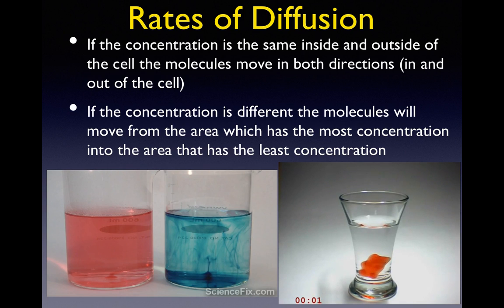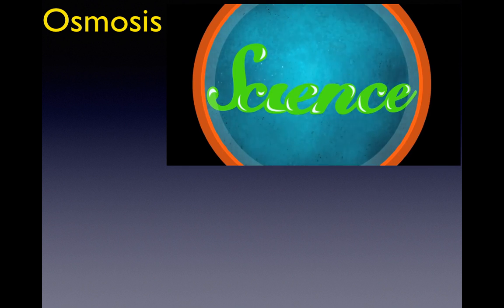See how that gummy bear went from being small to big? I didn't really notice it the first time I watched it in slow motion, but when it went back like that, I really noticed it. So that's called osmosis. Osmosis is the diffusion of water.